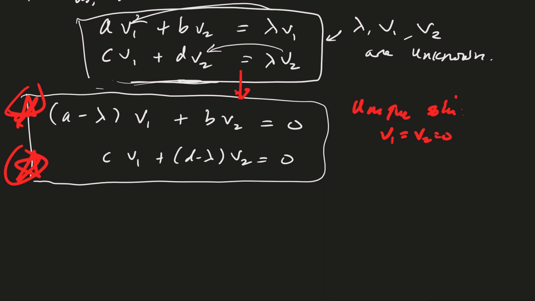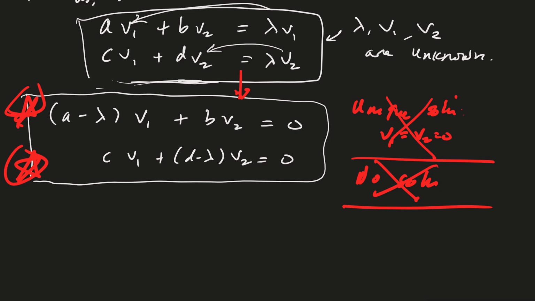Well, what we said was we don't want v1 and v2 to be equal to 0, so we don't want that case to be true. So what does that leave? Either no solution, but we know that there's always a solution, so no solution is also not possible. So therefore, the only case that's left is an infinite number of solutions.